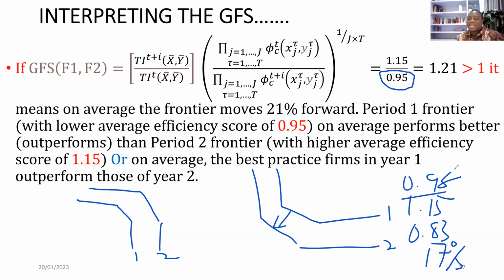If you had done it like this, then because it's time, with time you move from 1 to 2, you don't move from 2 to 1. So you have to speak of it accordingly.